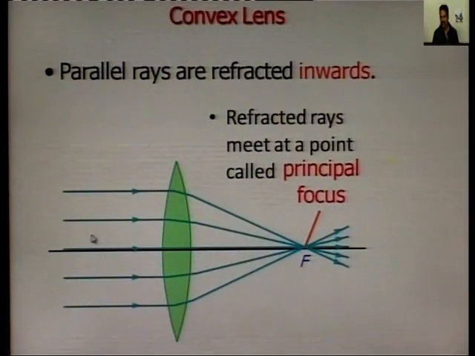If the rays of light are incident from left to right, the principal focus will be on the right side, and if the rays of light are incident from right to left, they will be brought to focus on the left side, and we will have a principal focus on this side also. So, a convex lens has got two principal focuses on either side.